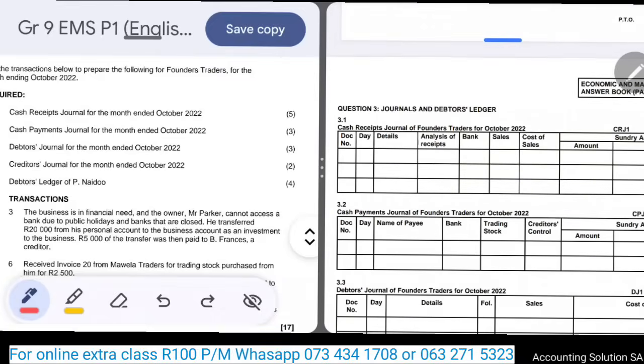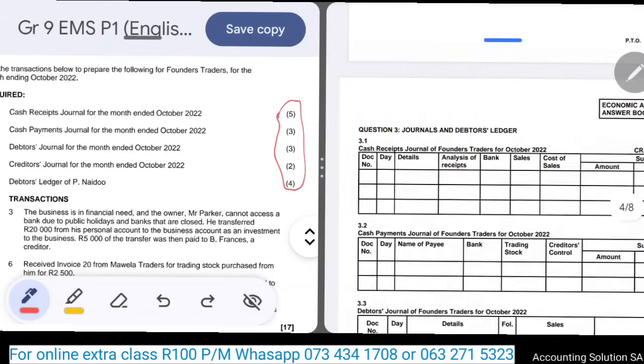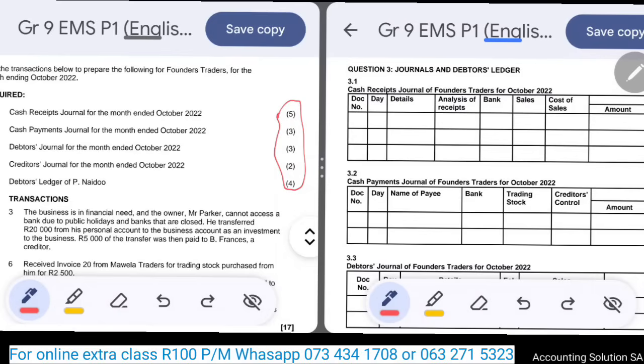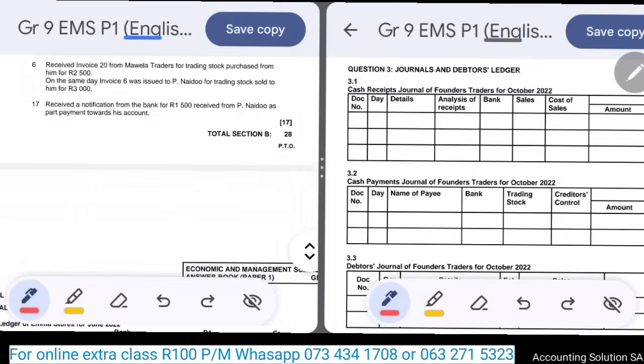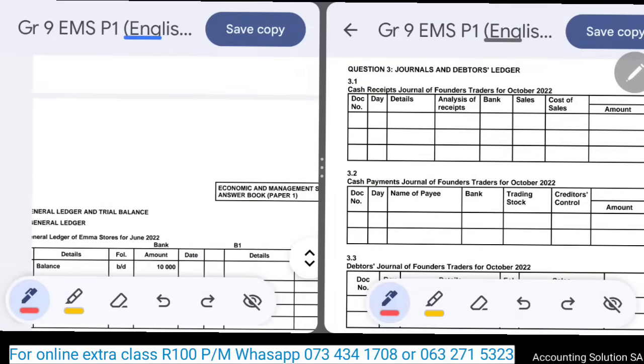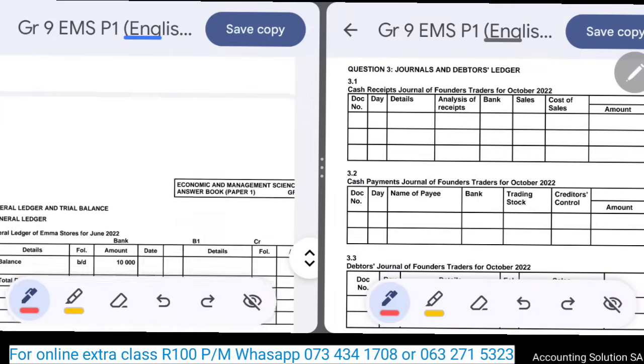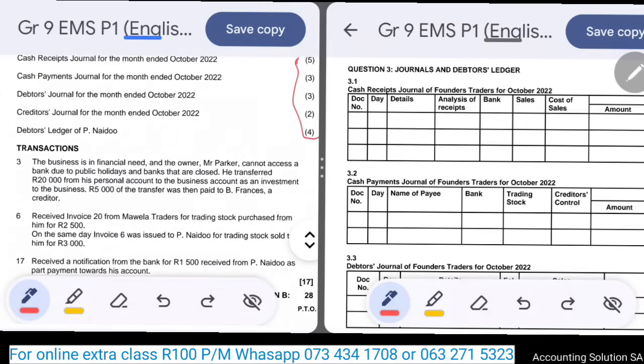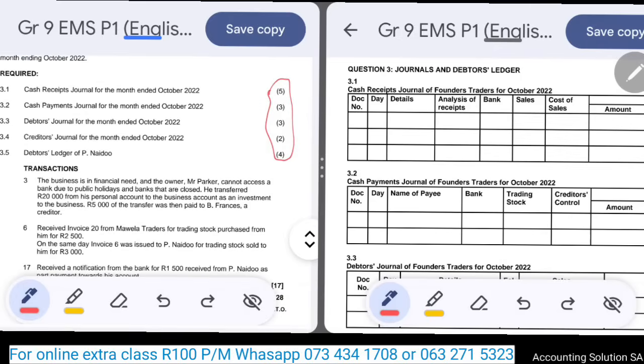And the marks allocation is indicated, you can see it here. So now let's read the transactions one by one and try to record them. It's only 3 transactions if not mistaken.